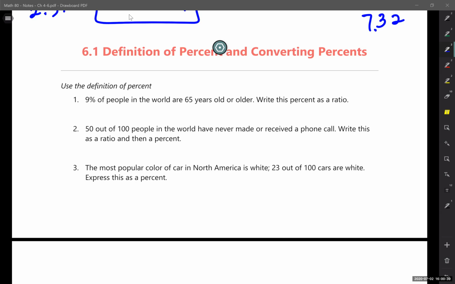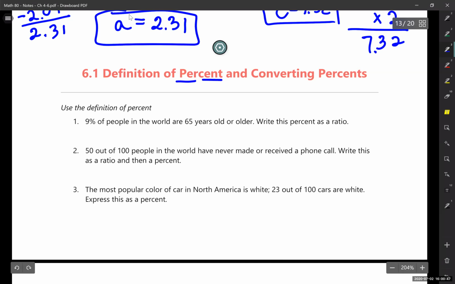So percent, it tells us right there in the name, is per, and then what number do you think of when you think of cent? Think of like a penny, and if there's 100 pennies in a dollar. So this is per 100. That's the definition of percent. So 9%, I'm going to write it in words first, and then we'll actually write it as a fraction.